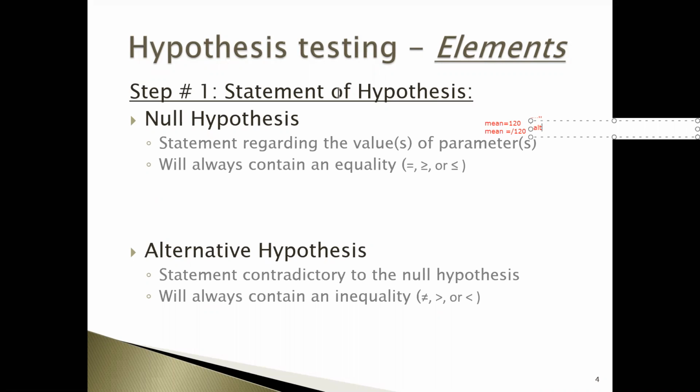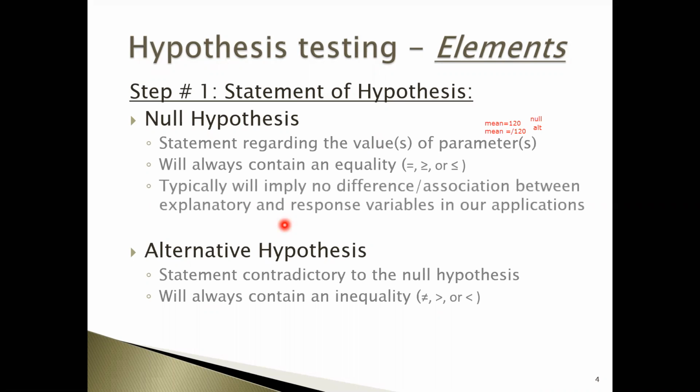And in layman's language, in general, the statement of the null hypothesis typically implies no difference or no association between the explanatory and the response variable in our application. For example, if I say the null is mean equal to 120, it means the mean is not different than 120.